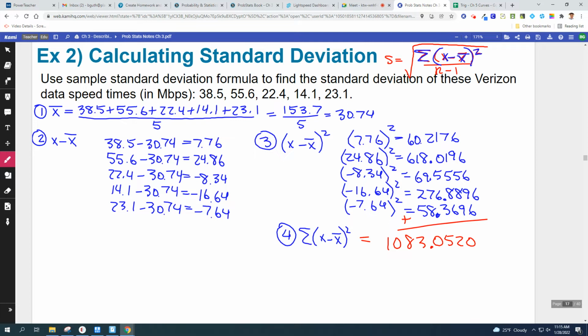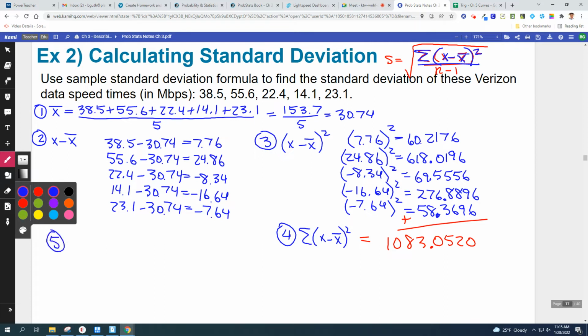Think about the equation: the next step in the order of operations is to divide by n minus 1. Little n is the number of numbers. That's 5, so n minus 1 is 4.